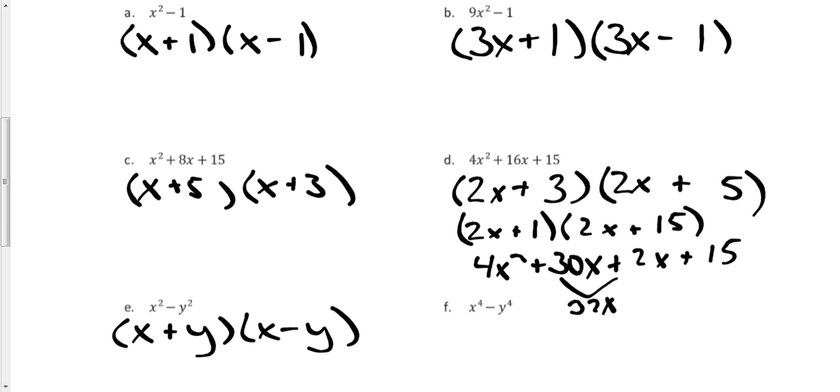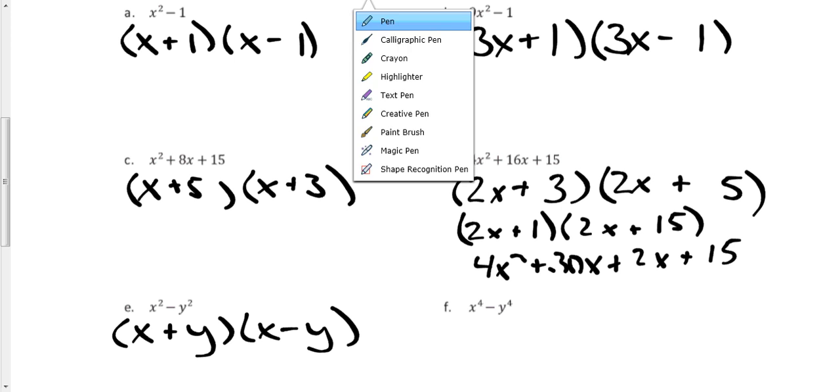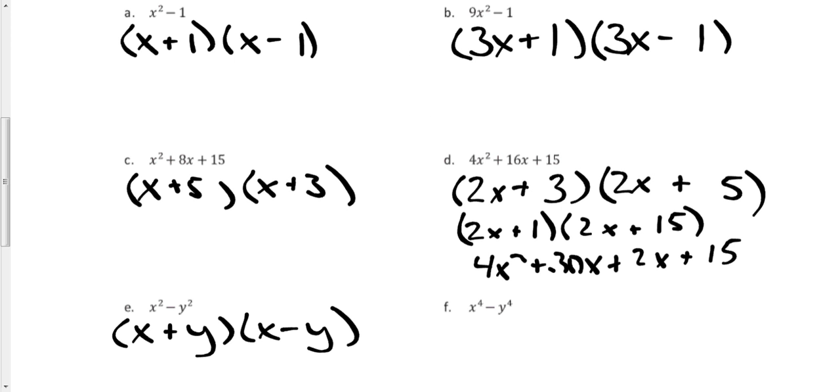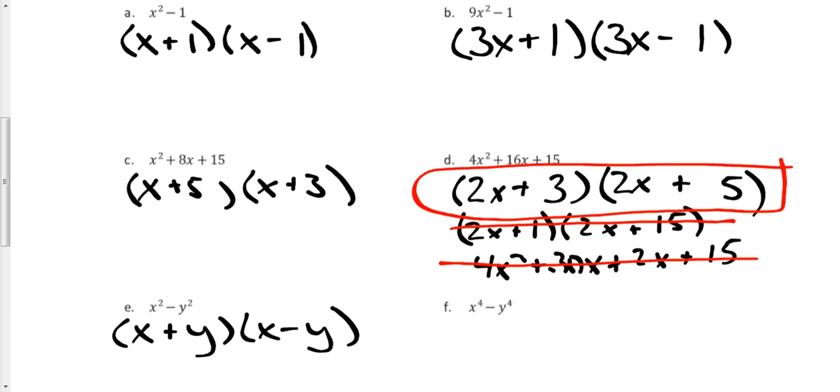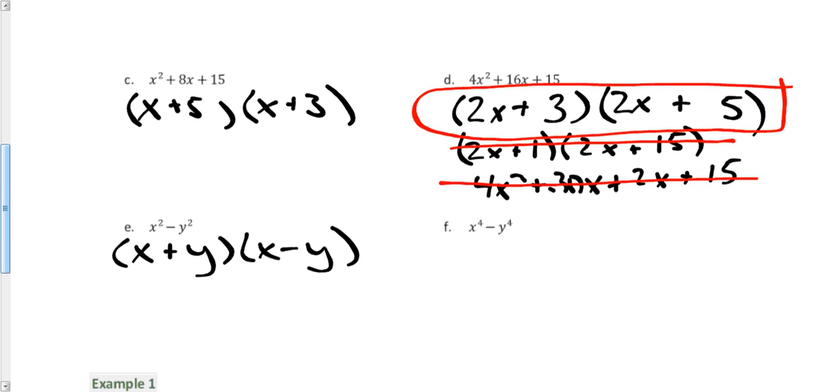Okay? This will be on the website. All right. So this is not the answer. This is the answer. How about letter F? Hold on. Give everybody a chance to work. Let's work and earn our weekend.